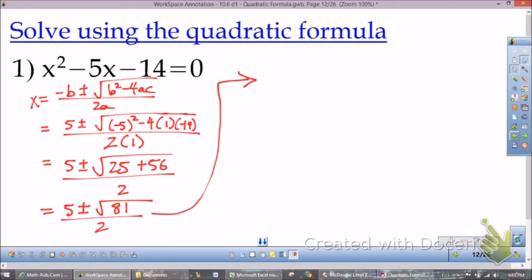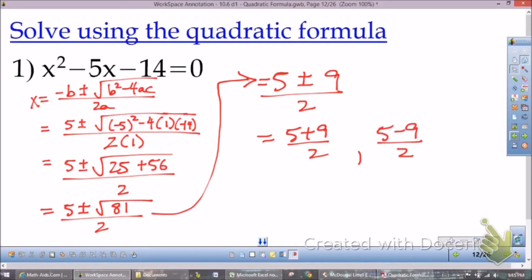We continue over here. We got 5 plus or minus, so let me put an equal sign there. 5 plus or minus the square root of 81. Oh, we know what that is. That's actually 9 over 2. That's going to break up into two different parts. We got 5 plus 9 over 2, and we have 5 minus 9 over 2.